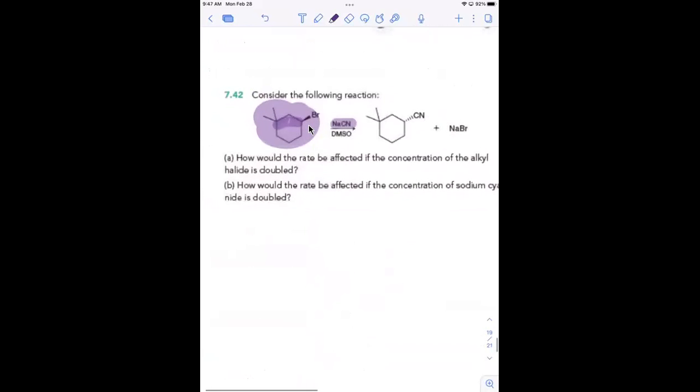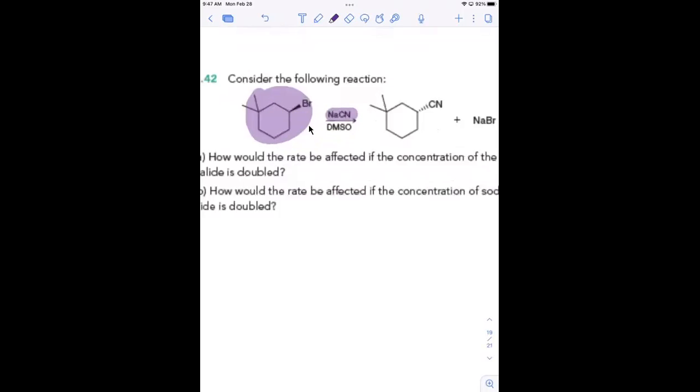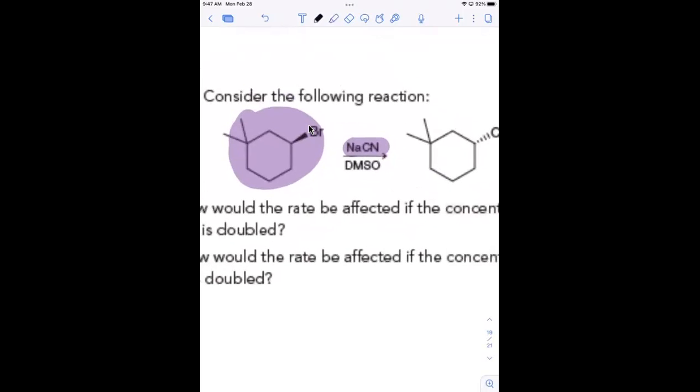What do you think? In order to answer that question, what do we need to know? If it's SN1 or SN2. Excellent. What mechanism is it going to go through? That'll answer that, right? So you can look at the substrate. We have a secondary substrate.